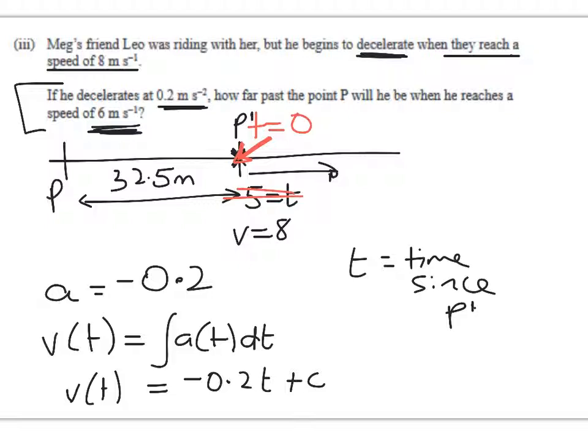So we've got 8 equals negative 0.2 times 0 plus c. So c is equal to 8. And we're going to pop that back into my velocity equation. So v of t is equal to negative 0.2 t plus 8.